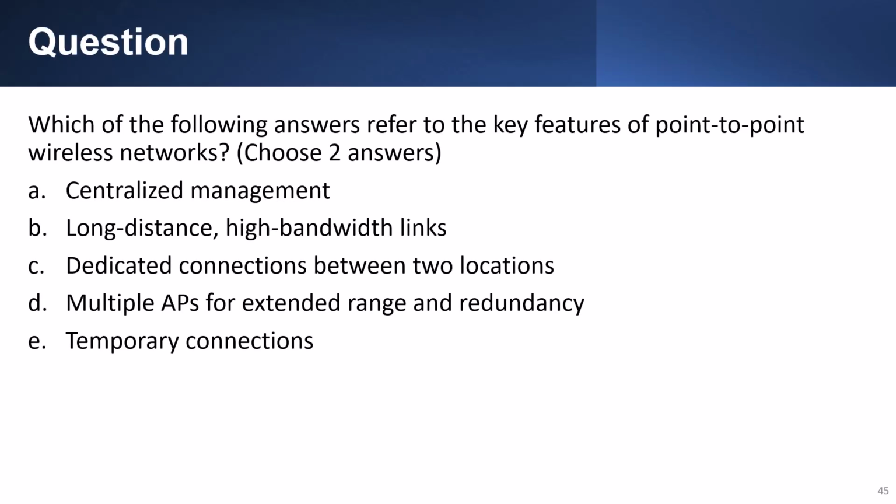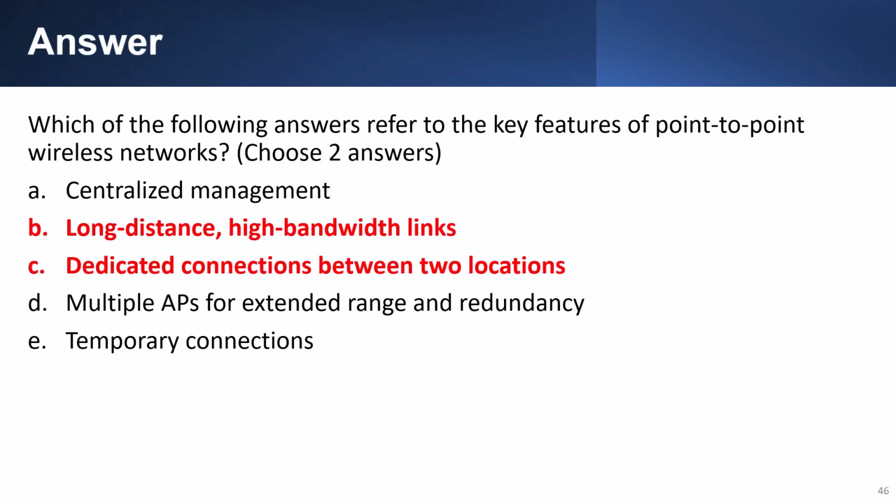Question: which of the following answers refers to the key features of point-to-point wireless networks? Choose two answers. Answers: long distance, high bandwidth links, and dedicated connections between two locations.